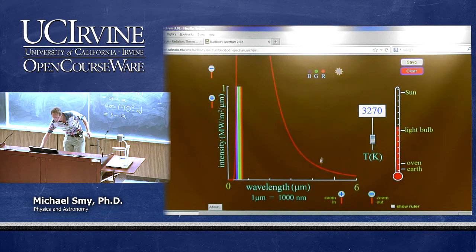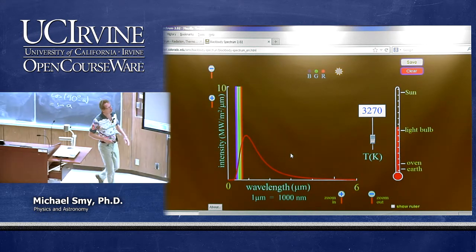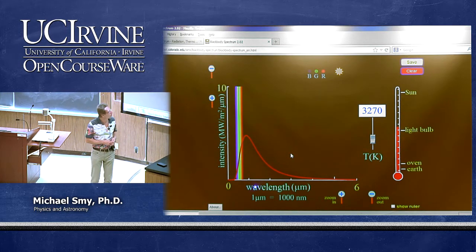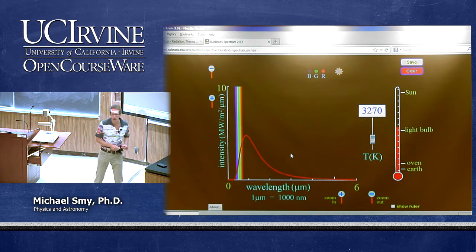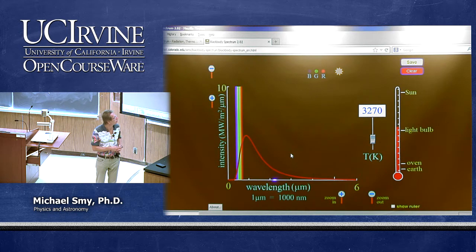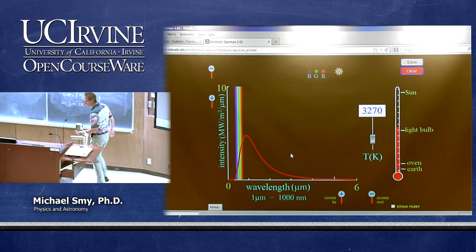When we hit the operating temperature of your typical light bulb, then you see that even though you produce lots of visible light, you produce lots more of heat. And that's why the Edison light bulb is rather inefficient. Most of the radiation it produces goes into heating your apartment rather than lighting it.